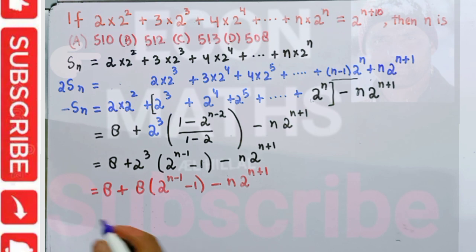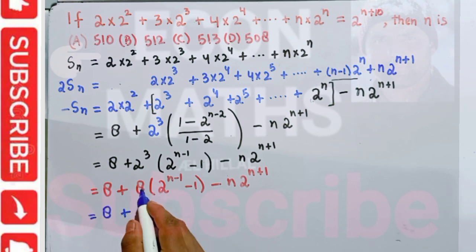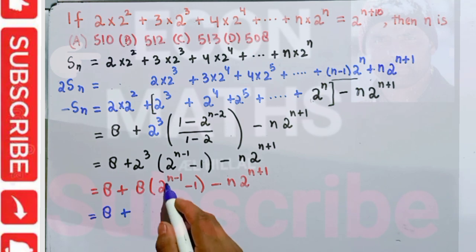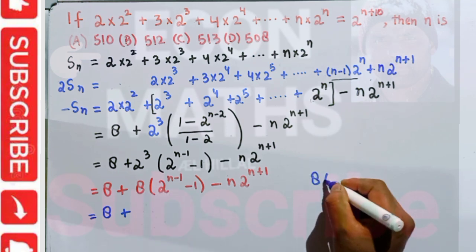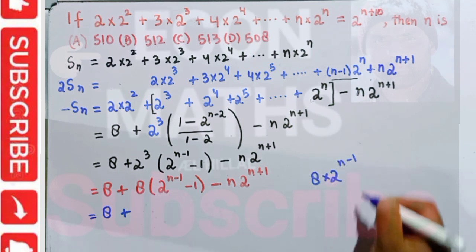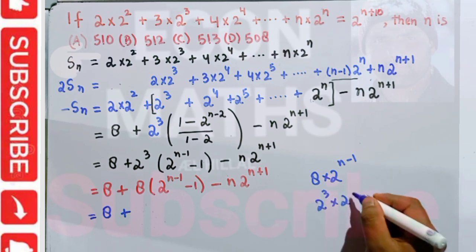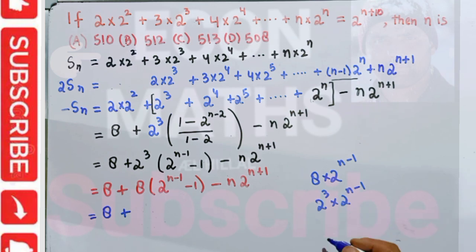or we can write it in this fashion. We have 8 plus, sorry, this 8 is multiplied with each of these terms. So 8 into 2 raised power n minus 1, this is 2 cube into 2 raised power n minus 1.